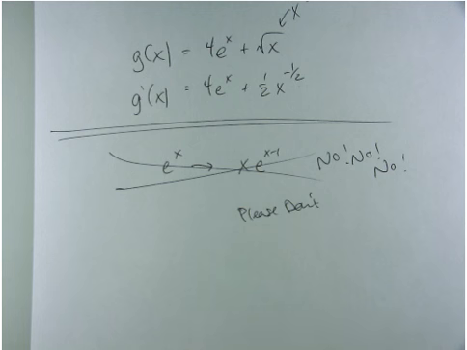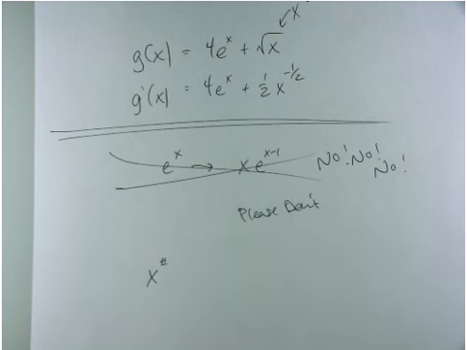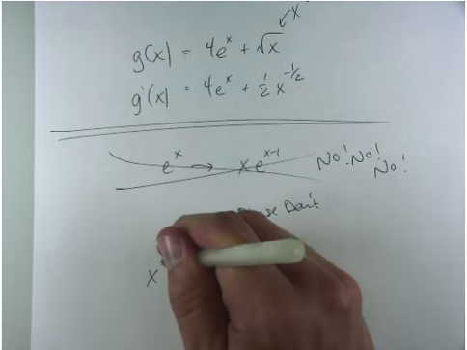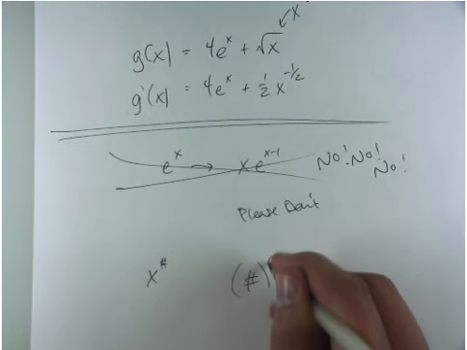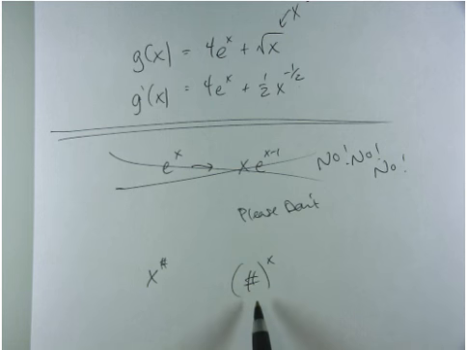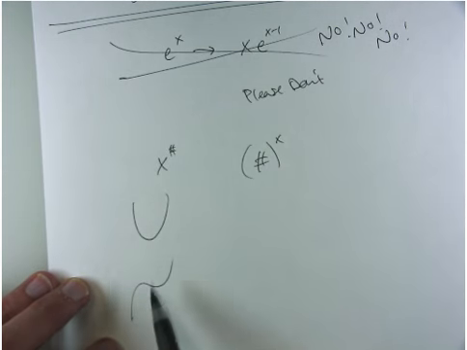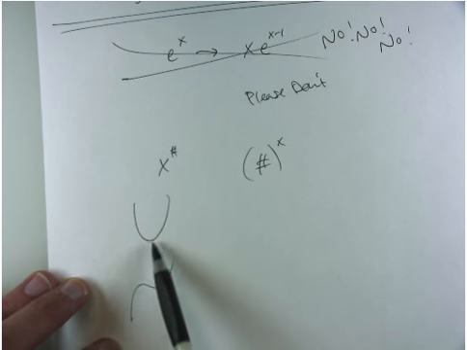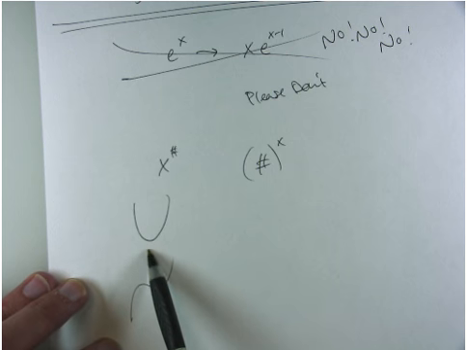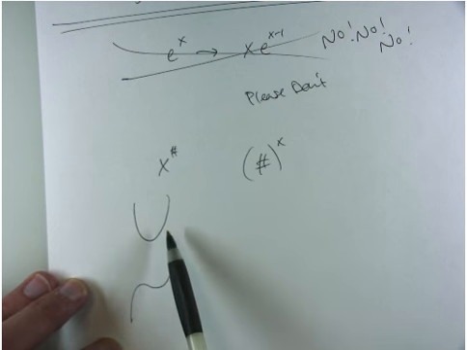These are two different types of function. x raised to a number, these functions change differently than some number raised to the x. They're different types of function. These kind of create curves that look like one of these two in general. x raised to an even power, x squared, x to the 4th, x to the 6th, x to the 8th, x to the 10th, they all look like u's of varying steepnesses.